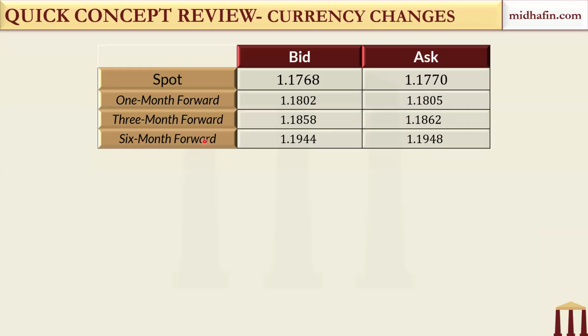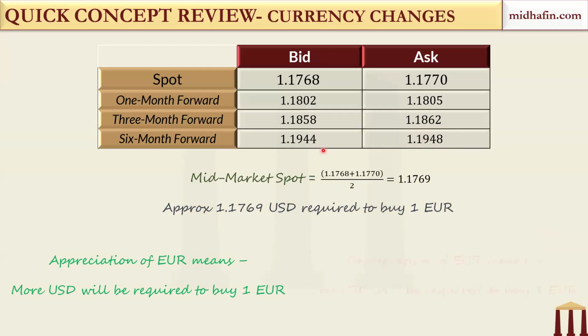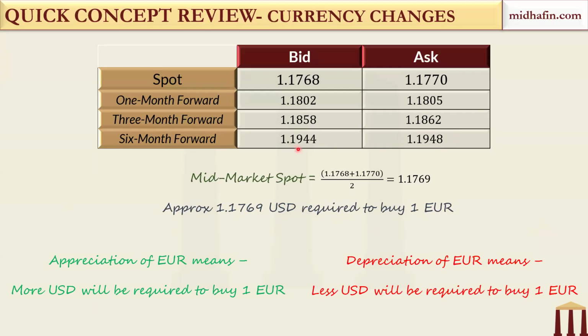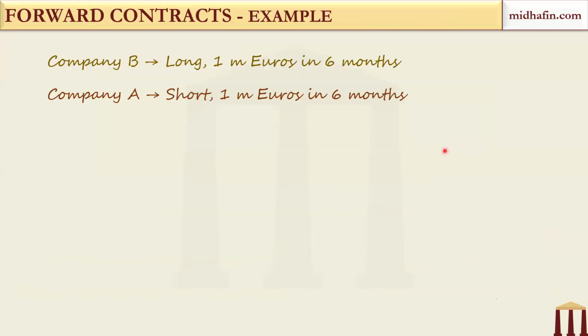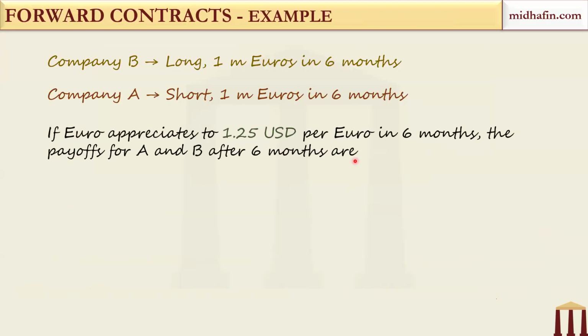Since we are talking about the 6 month forward, we are concerned about these two rates. For B, we are concerned about this rate, 1.1948, and for A, this rate, 1.1944. So let's see what is the payoff for company B.